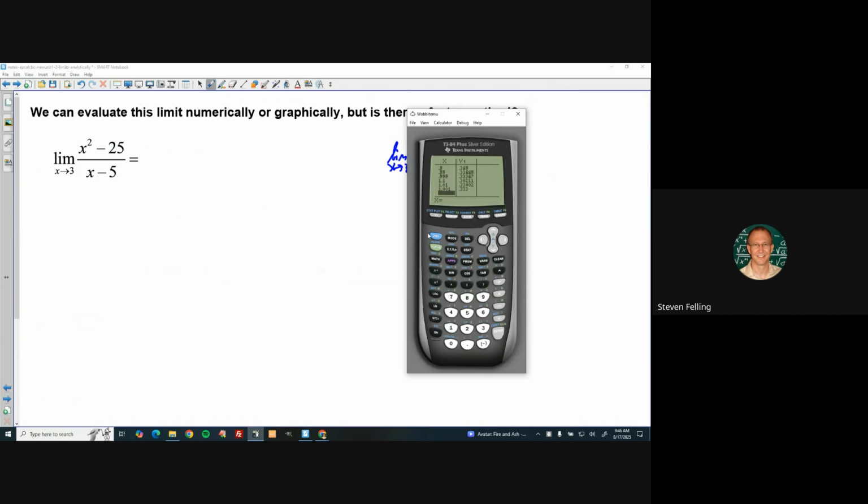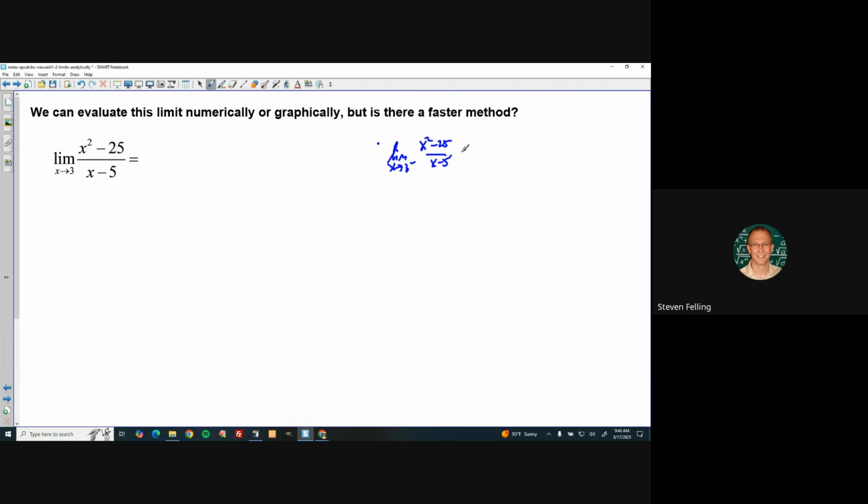So I could plug this function in as if I was graphing it, which would be x squared minus 25 divided by x minus 5. And then I could use a table, and I could plug in numbers like 2.9, 2.99, 2.999, and I would get numbers getting closer and closer to 8, so I could declare that this is 8.